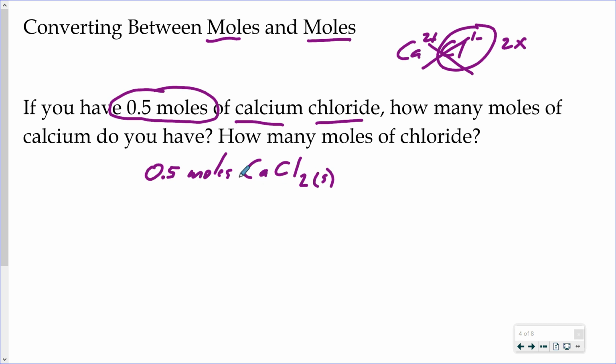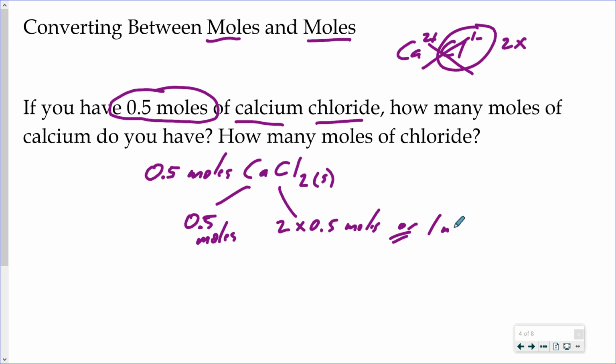Well, if I have 0.5 moles of calcium chloride, then I have 0.5 moles of calcium because I only have 1 of them. But for the chloride, I have 2 times 0.5 moles, or of course that's 1 mole.